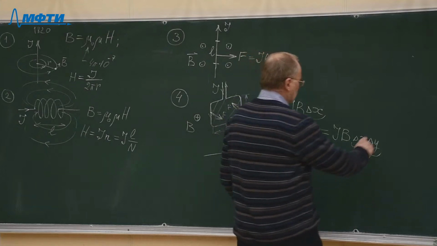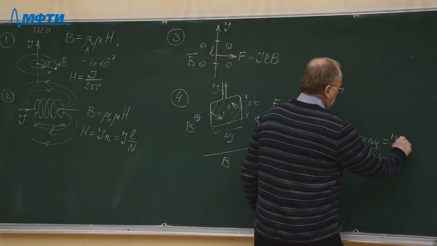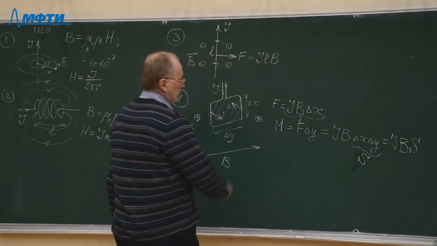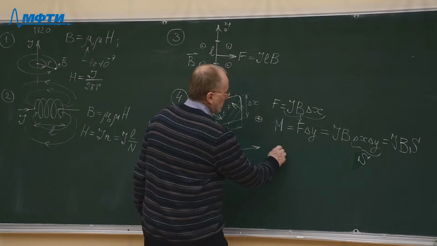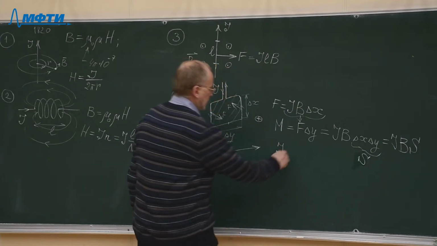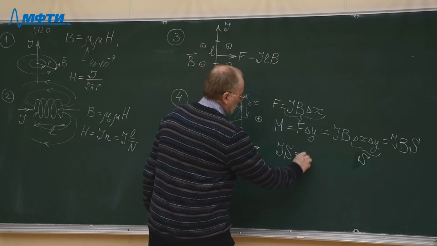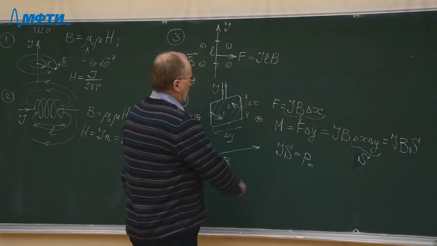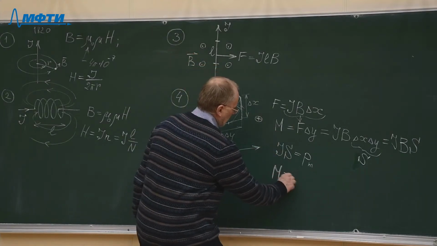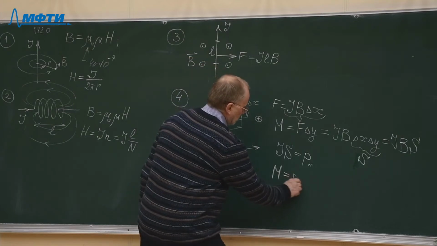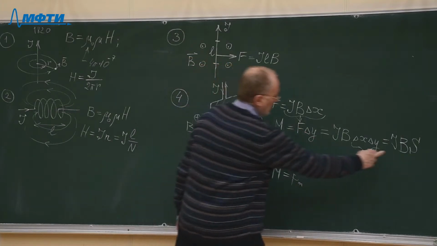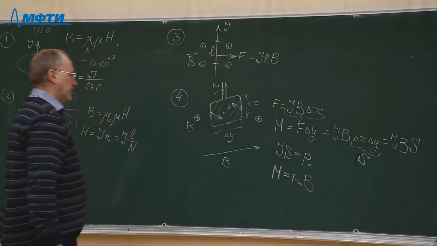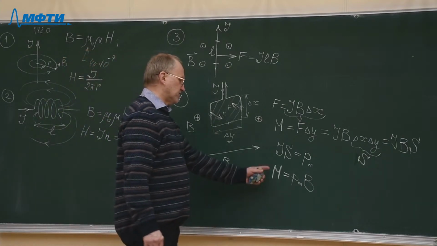So we obtain the formula I B S. And you remember that by definition, the quantity I S is called the magnetic moment of the current loop. And so the torque acting on the current loop will be the magnetic moment times the magnetic induction, the induction of the external magnetic field.